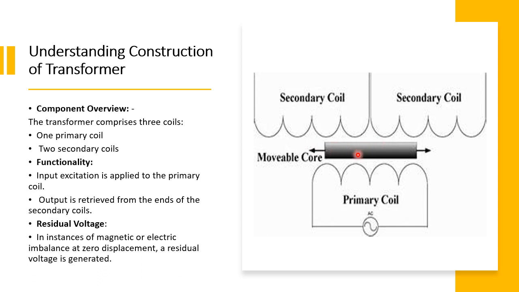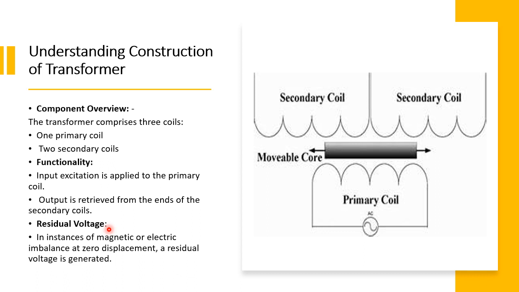When we provide input excitation to the primary coil, due to mutual inductance a current is generated in the secondary coils, and due to this there are voltages V1 and V2 across the two coils, and they are out of phase by pi radians. At the balanced condition, when V1 and V2 are equal, they cancel each other out, but some voltage is left, which is called the residual voltage.